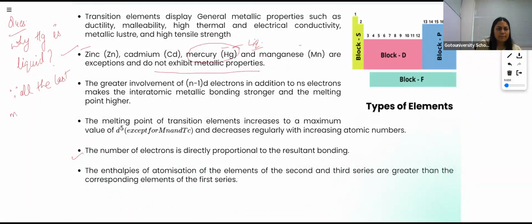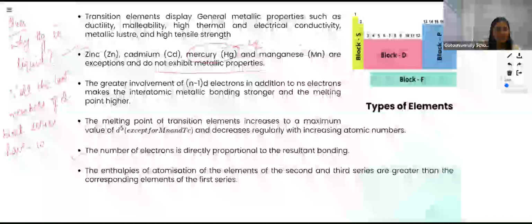last members of the d block series, that is zinc, cadmium, mercury and manganese, have weak metallic bonds.